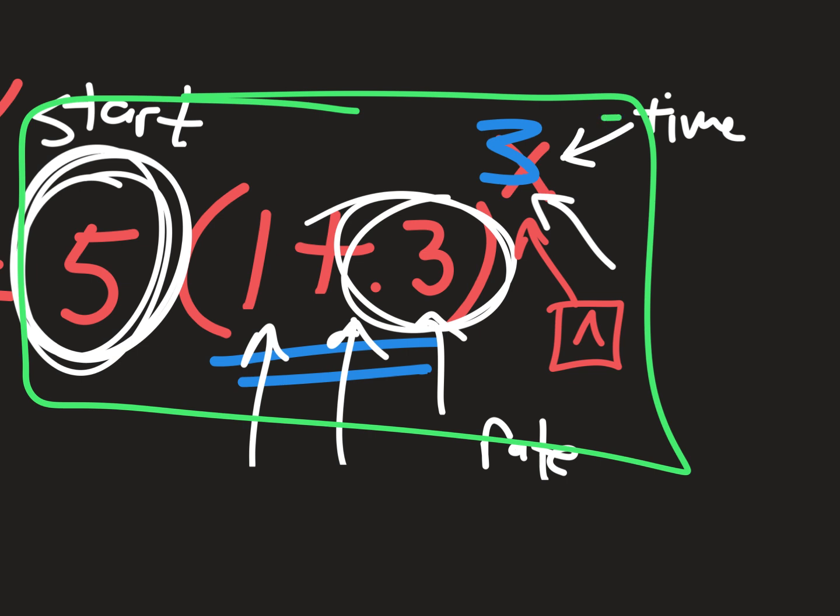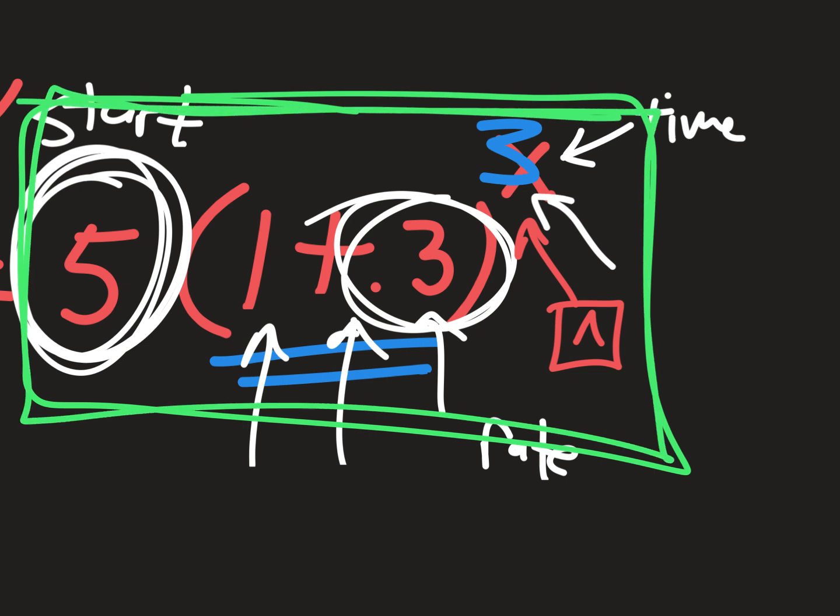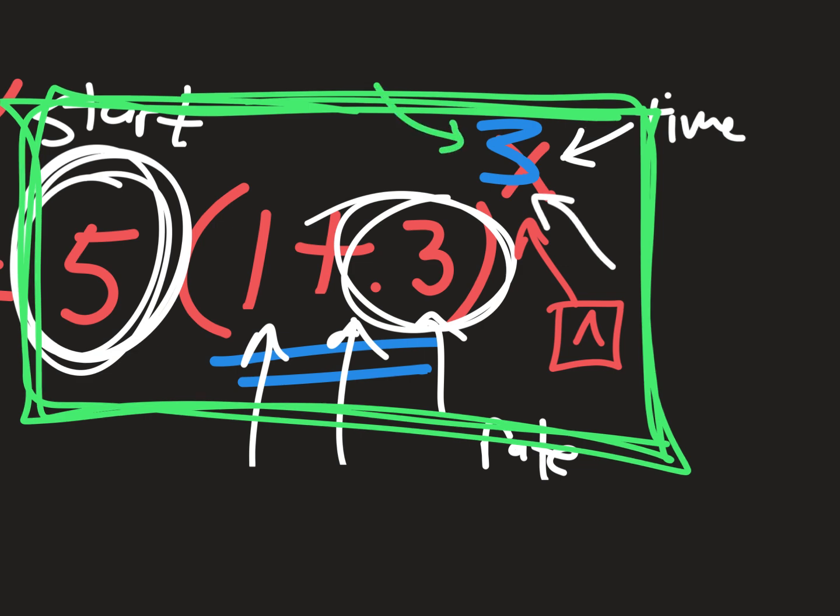You're going to be using a calculator. So do you know how to type this in? That's kind of what I'm asking. You're going to put in a 3 for the power. You can use just your iPad's calculator. It's fine. So you go 5, parenthesis, 1 plus 0.3. You just type it in exactly as you see it, except power of 3. When you get that decimal, would you please compare it to the kid next to you?